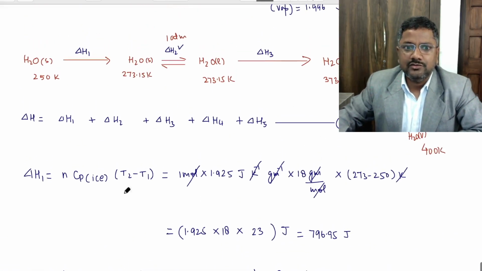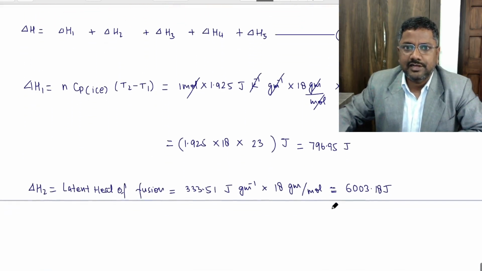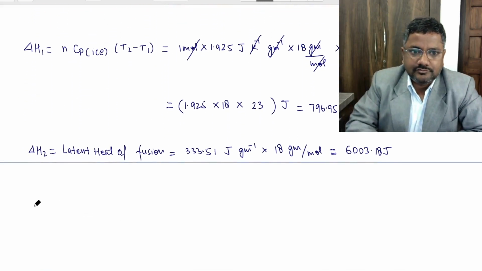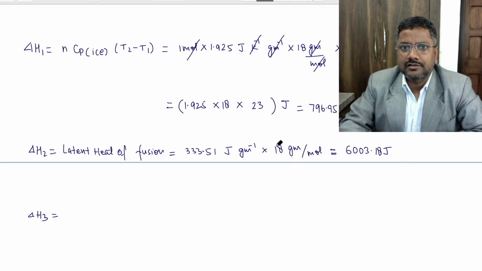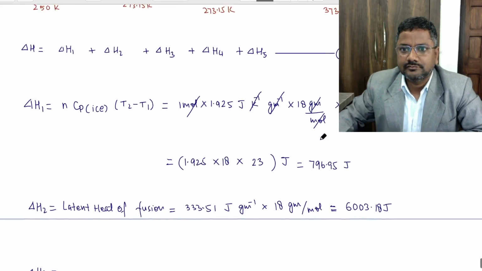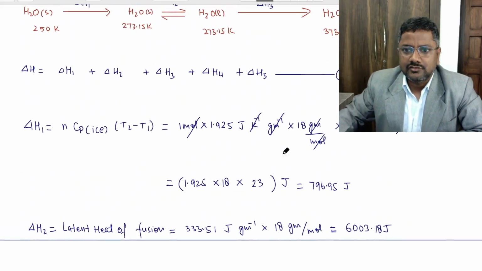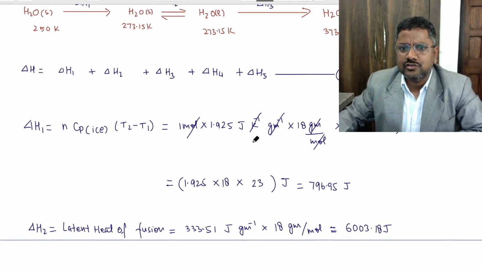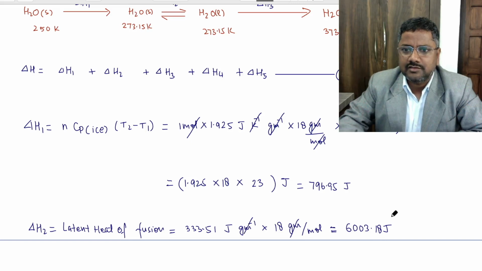Now calculate delta H3. Again you use this formula. So all of you are getting this. This is also joules per mole because we have calculated for 1 mole. So here the grams cancel.